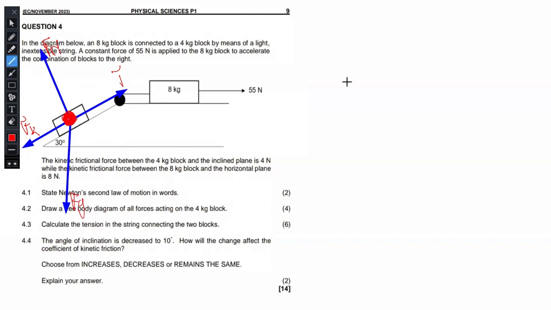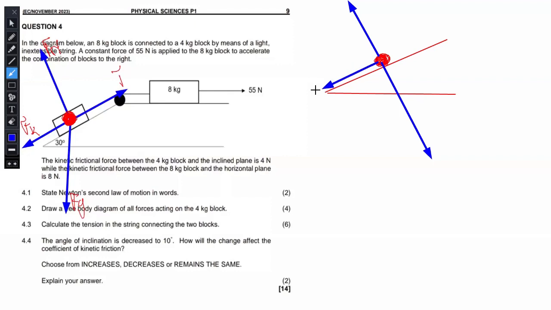But then if you prefer to resolve your weight or gravitational force into components, then this is how you will do it. Now, I always vouch for the one whereby you resolve, because you get to see all the vertical and horizontal forces, which will help you in terms of your calculations. Right, so there we go, like that.